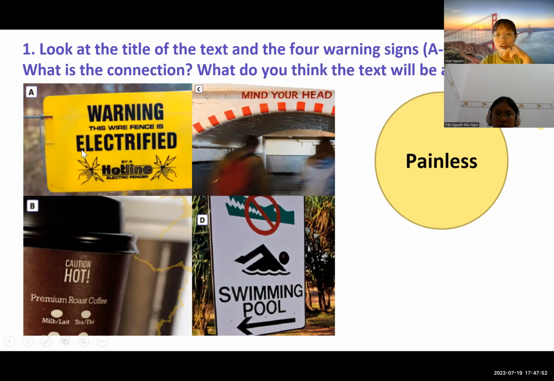Now, as you see here, warning, this wire fence is electrified, right? Electrified. Đây có nghĩa là gì nhỉ? Rào này bị có điện, bị bao phủ bởi điện đúng không nhỉ?